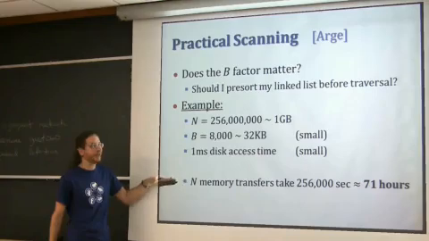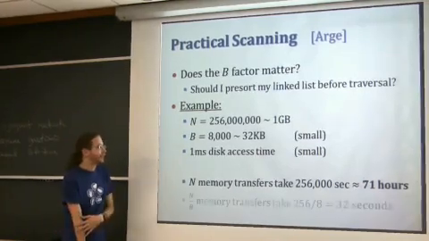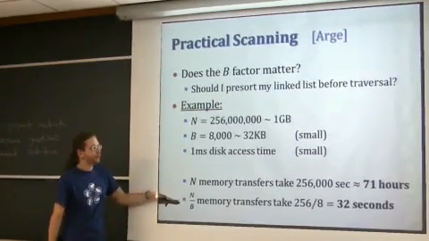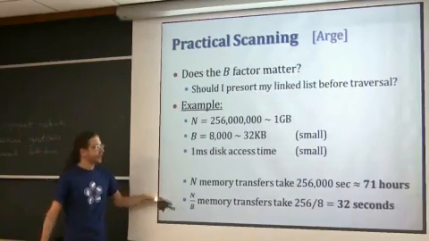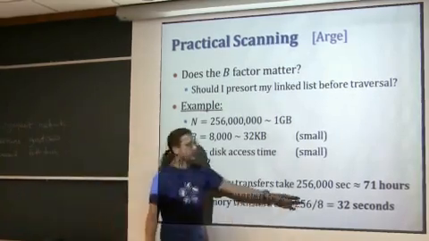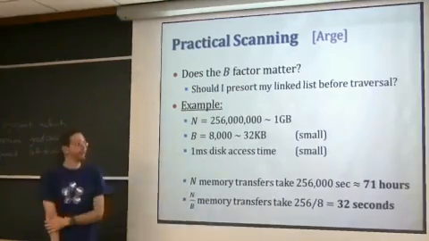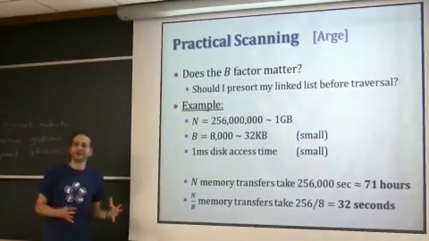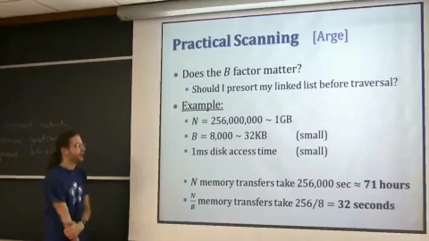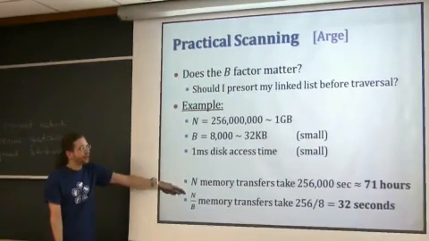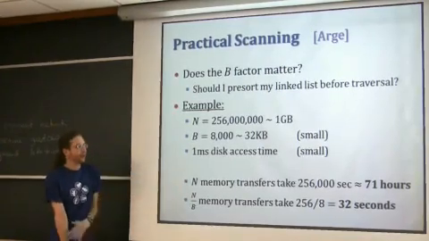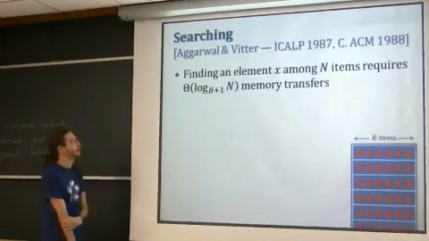That'll take about 70 hours, 3 days. But if you've pre-sorted everything and you do a scan, it'll only take you 32 seconds. So it's a factor of 8,000 in time, which is a lot bigger than we conceptualize. And it makes things that were impractical to do, say, daily, very practical. So that's why we're here.